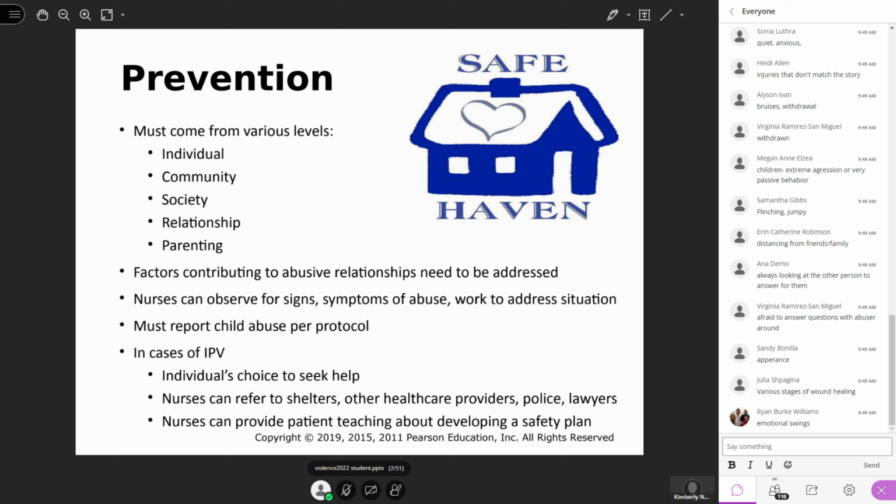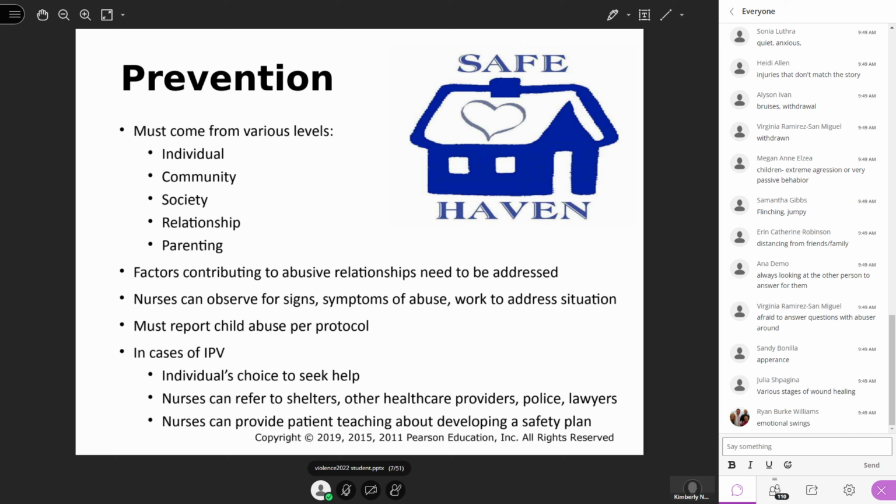We always want to make sure that we talk to our patients about a safety plan. What can they do? Can we refer them to shelters or other community resources that may be able to help them? I put a picture of Safe Haven, and that's one of the common places that you will see that are available.